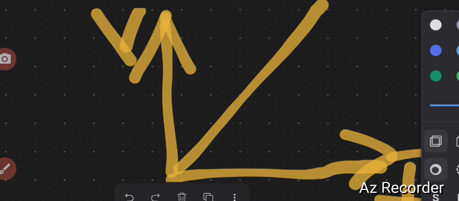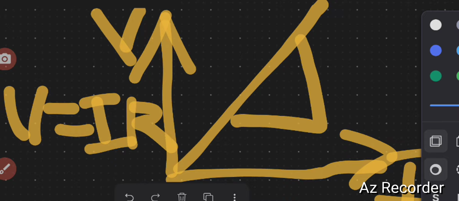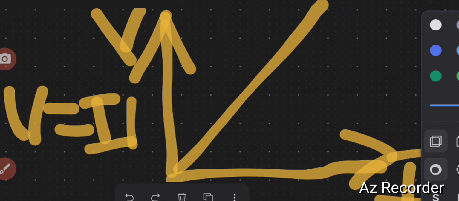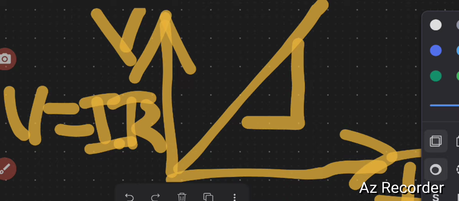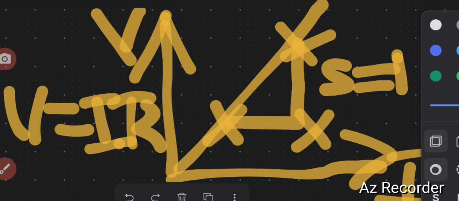And this straight line indicates that the relationship between V and I is a direct relationship, meaning that as V increases, I also increases. Now, according to the relationship V is equal to IR, this would mean that if we calculate the gradient of this graph at any point, the gradient, which is the slope, is going to give us R, the resistance.